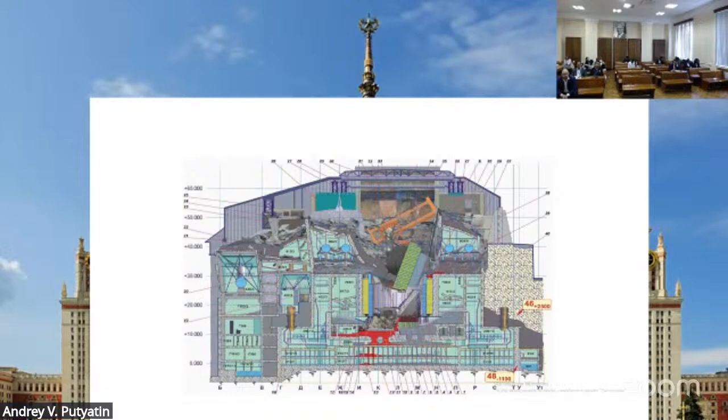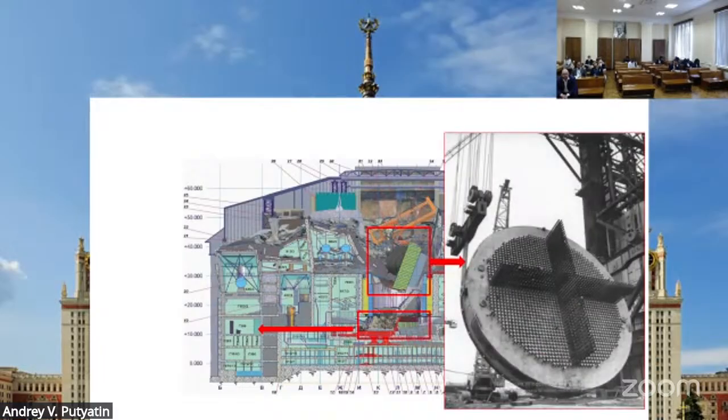You can see that these numbers are in meters, so the building is quite large. Just to understand the scale of the accident, this is called the upper biological shield, which was thrown up during the explosion and then fell back. The diameter of this construction is 14 meters. You see people standing here during the mounting of this upper biological shield in one of the RBMK type reactors.